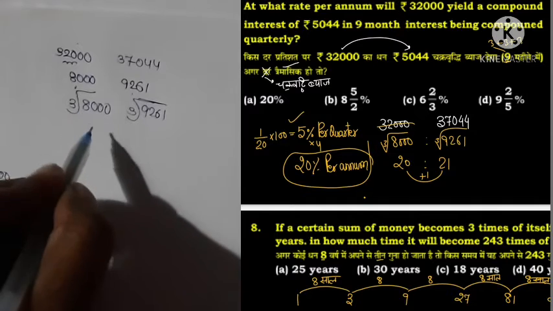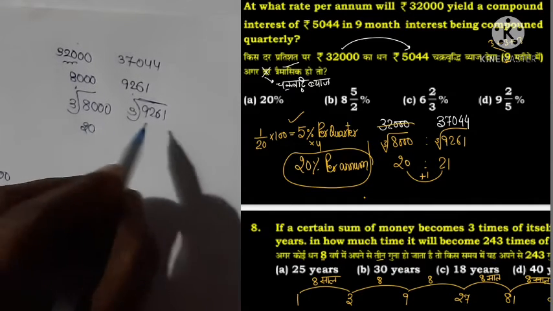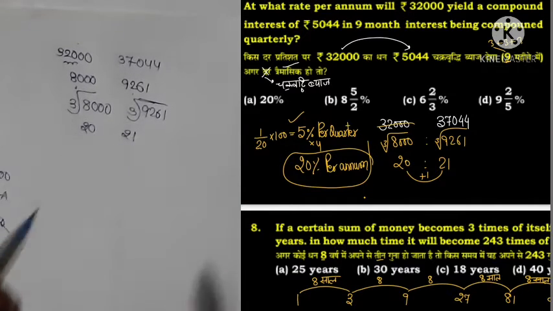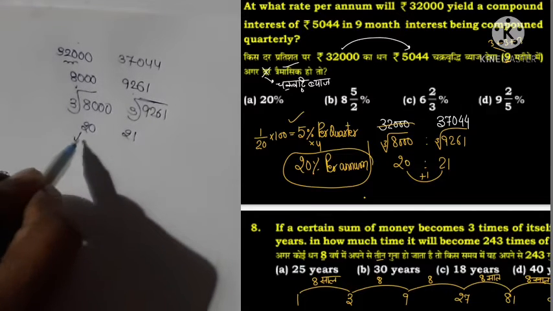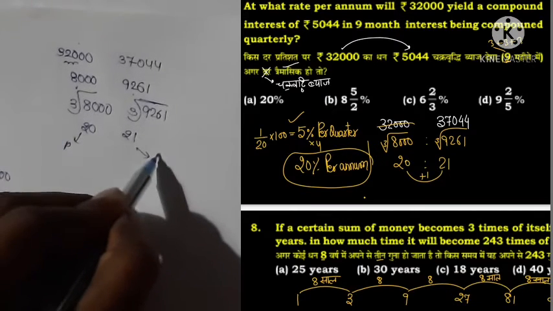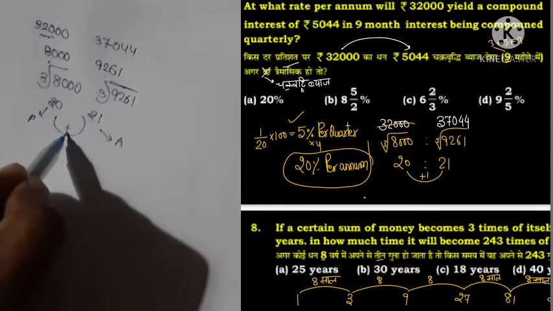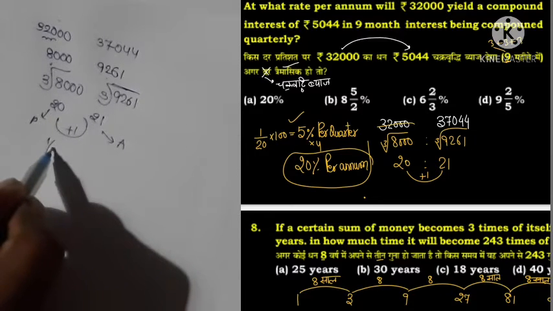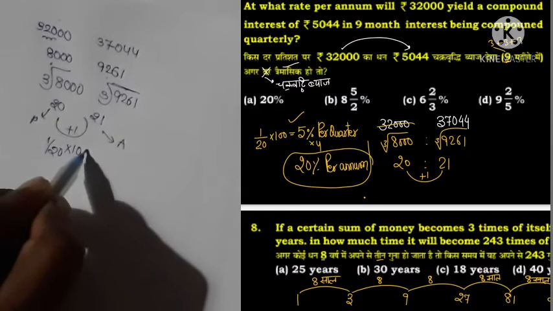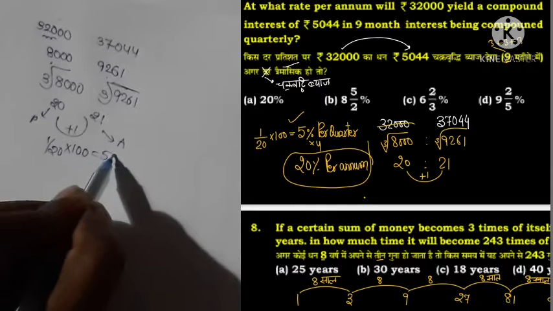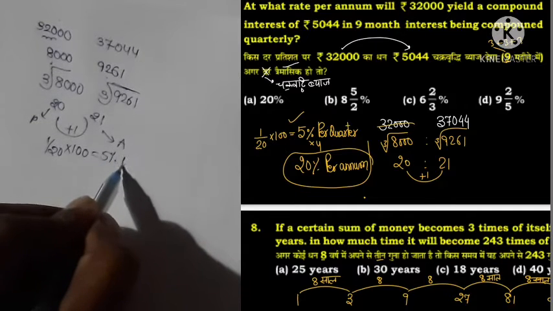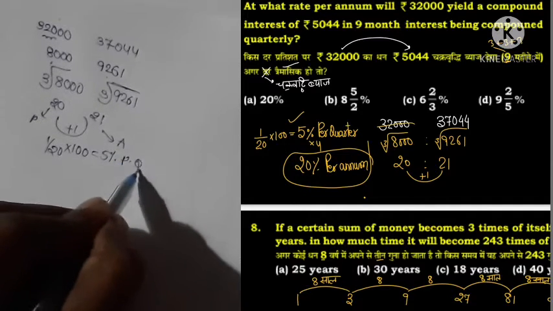So the cube root values are 20 and 21. This is the principal, this is the amount. So find the rate of interest. The value is increased by 1, so 1 by 20 into 100. So the value is equal to 5% per quarter.